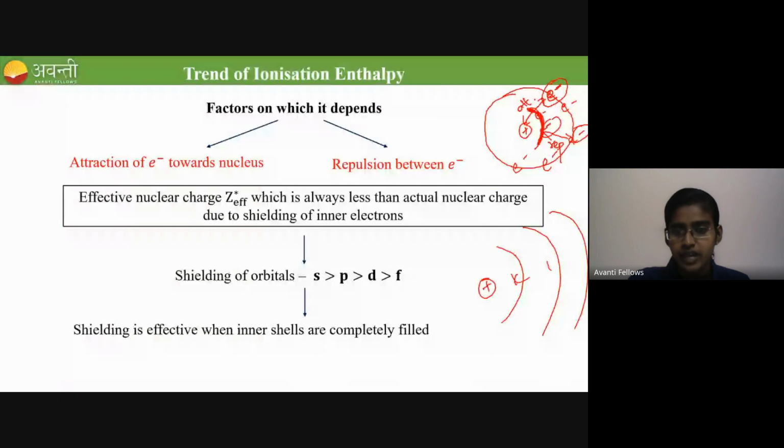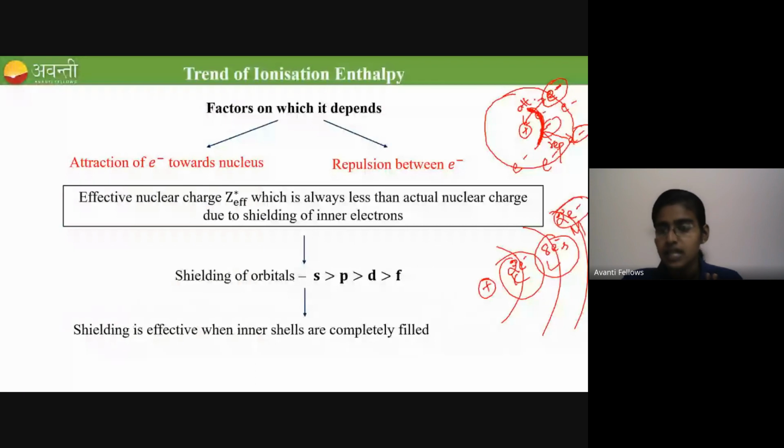If K shell contains 2 electrons and L shell has 8 electrons, and M shell has, let's take, 2 electrons, now L shell and K shell are completely filled. If they are completely filled, they will shield more effectively.